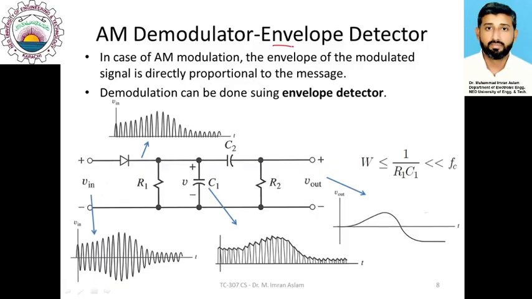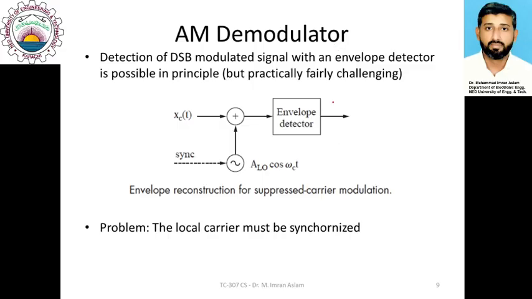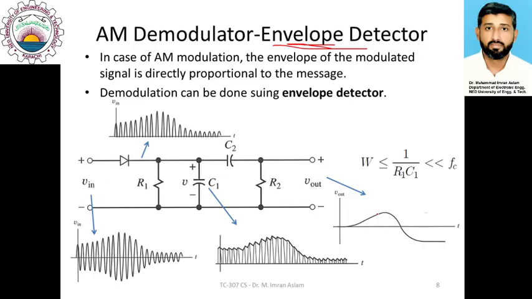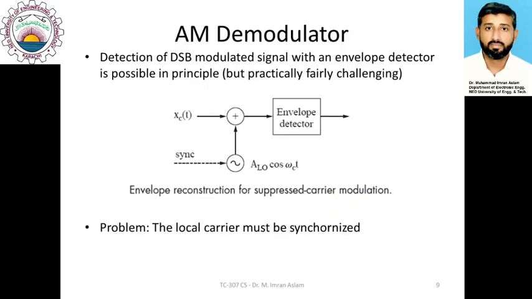If we try to use an envelope detector with DSB or SSB signaling, in that case we cannot detect it directly, because in a DSB signal there will be phase variations. In that case you need to have a synchronization with the incoming signal.